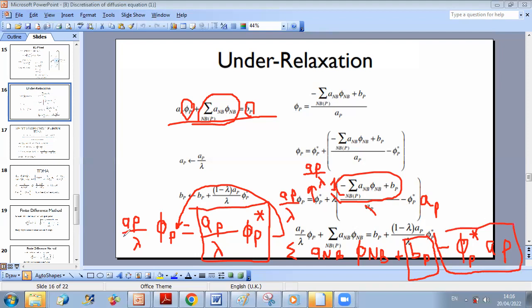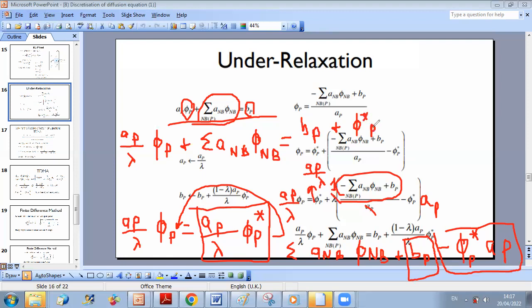So now if I take this term to the other side, I get AP over lambda times phi P plus summation of A neighbors phi neighbors equals, for the second term, BP plus, now you can take phi star into factor, the old value, so plus phi star P times AP over lambda minus AP.